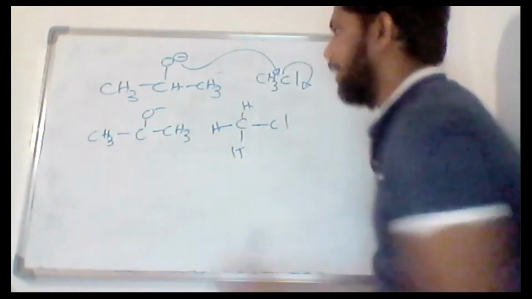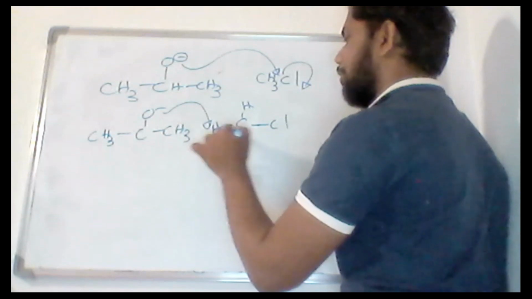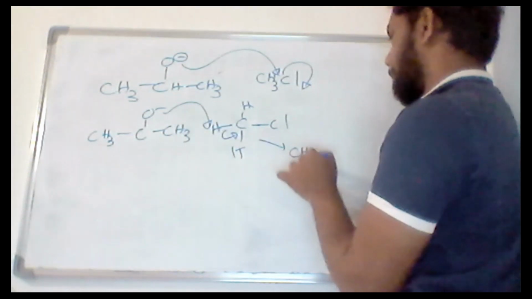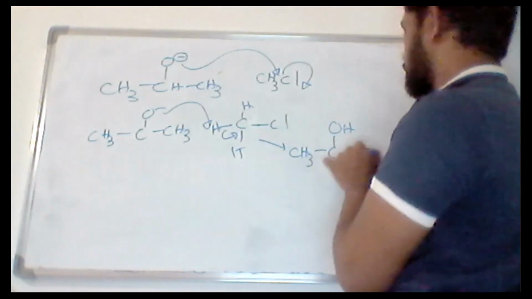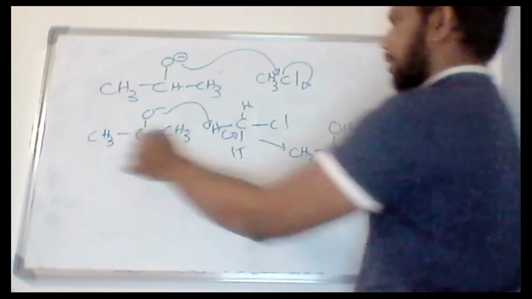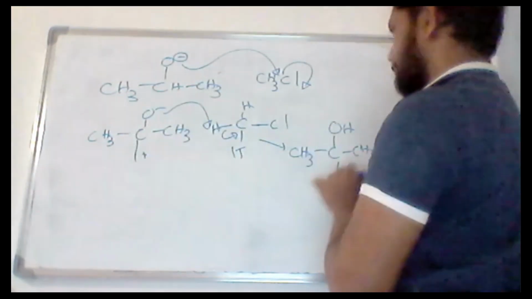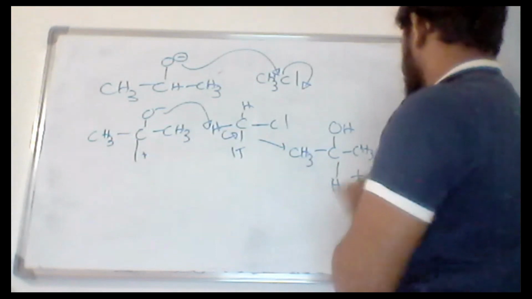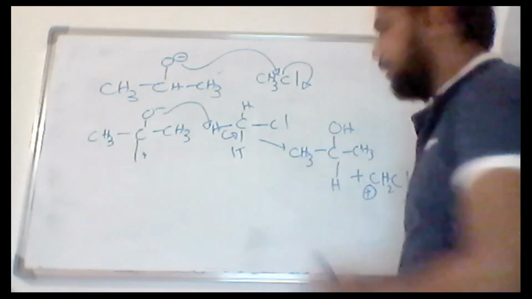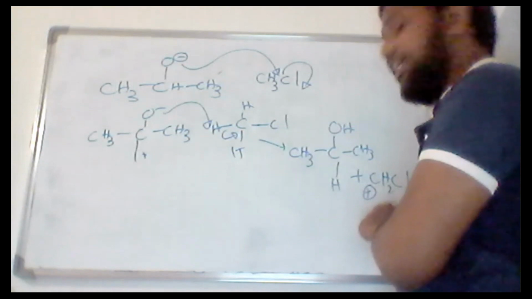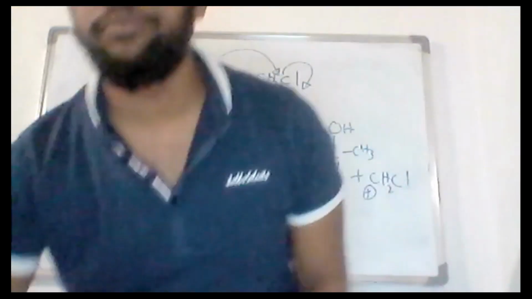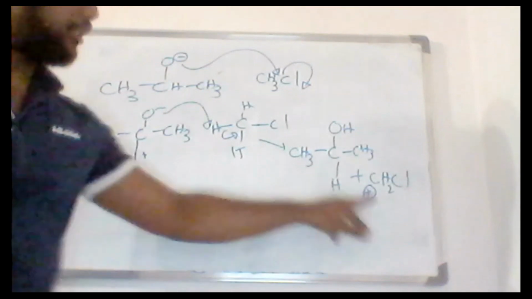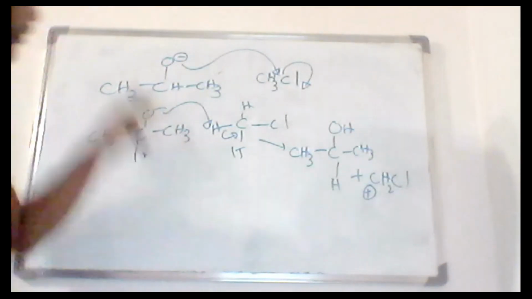It should attack this hydrogen, and this bond should form here. And here this one will be OH minus CH3. There is hydrogen here, plus there is CH2Cl positively charged. This reaction would not happen because this CH2Cl in a positively charged scenario is completely unstable.